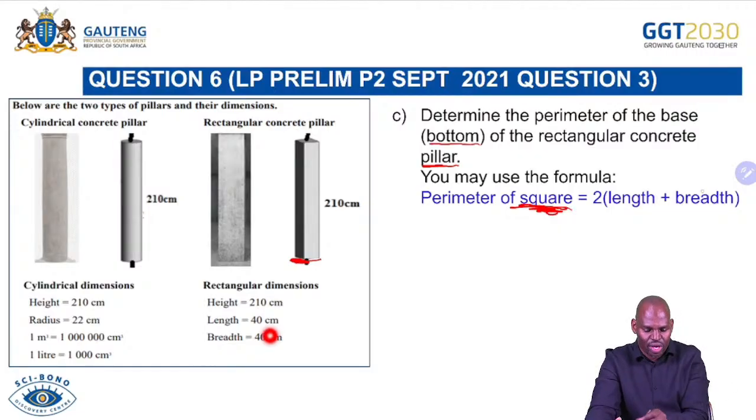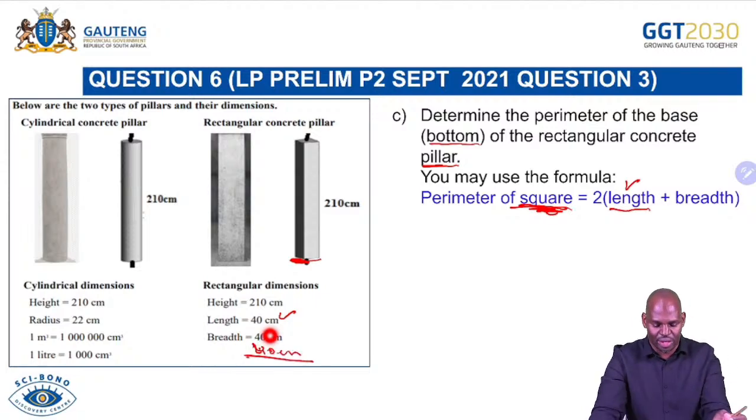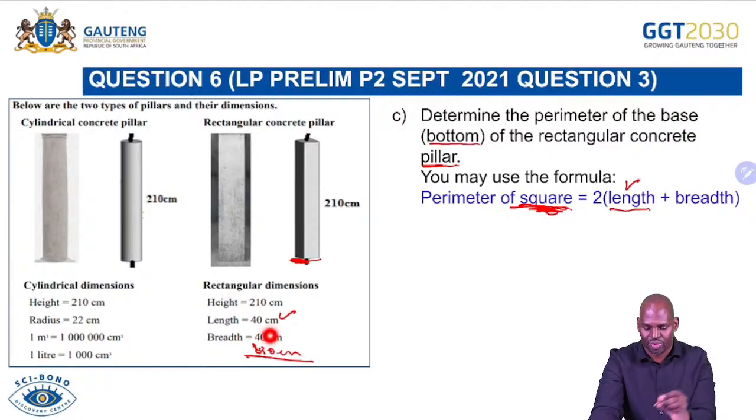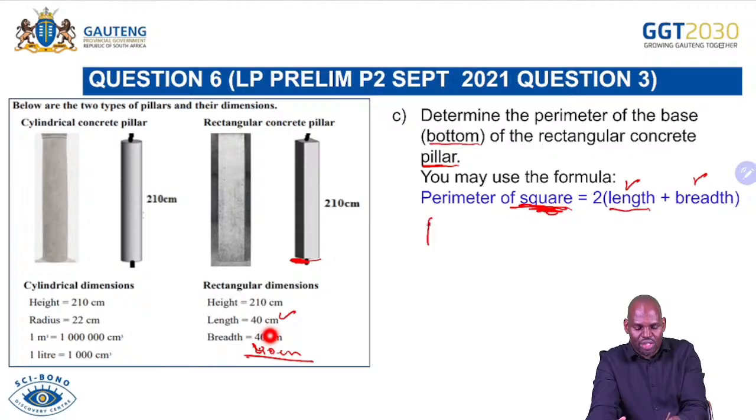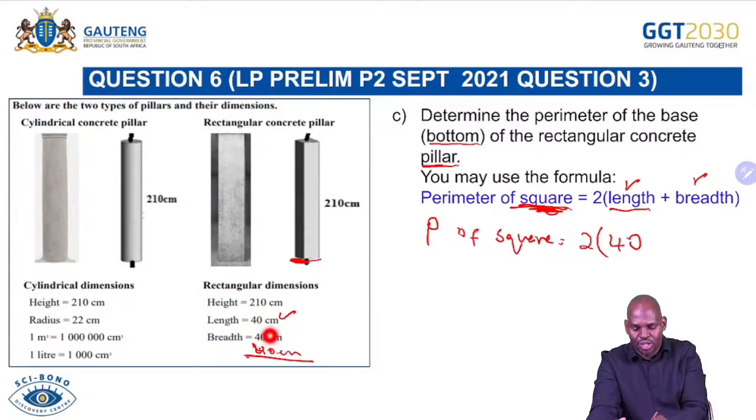Okay, let's see. Do you know what the length is? Let's check. The length given is 40 centimeters. The breadth is also 40 centimeters. Then we can do the substitution. So perimeter is equal to P of square. It's 2 open bracket. The length is 40. The breadth is also 40.